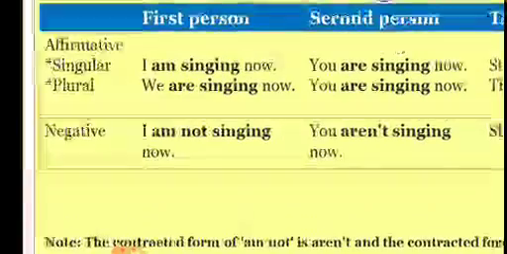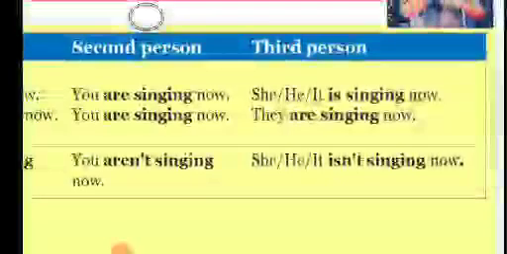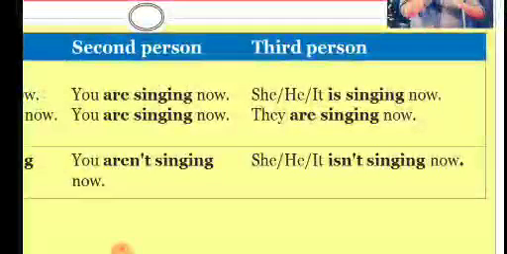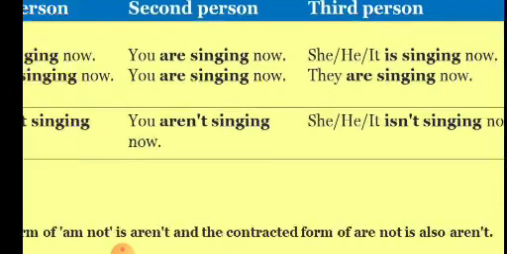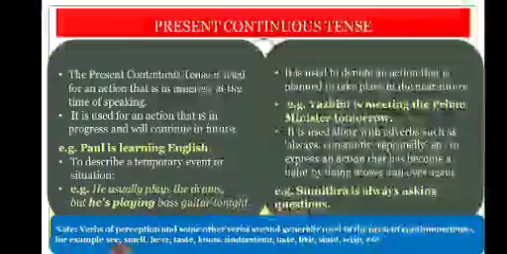Likewise, for third person negative, we give the format as she or he or it plus is plus not plus main verb plus ing. So she isn't singing now. He isn't singing now. It isn't singing now.